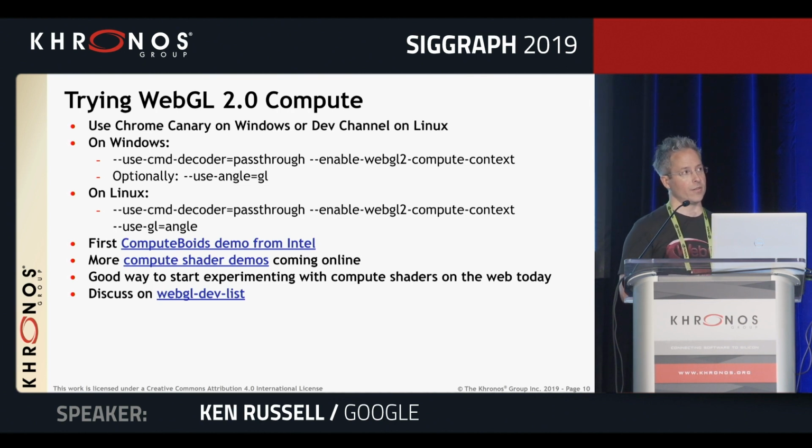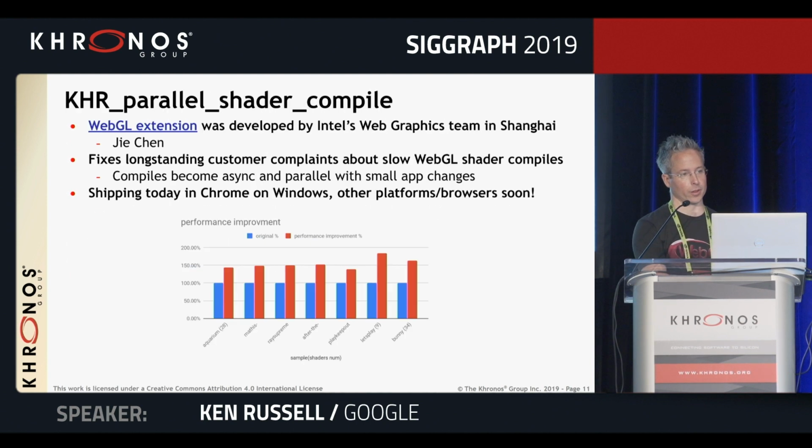And if you invest the time to do some compute shaders with this specification, they will be forward compatible with future specifications that are doing compute shaders on the web a bit more portably. So it wouldn't be time wasted, it would be time well spent to start picking this up and see what you can do with it. We're working on addressing the biggest customer complaints. Requests.